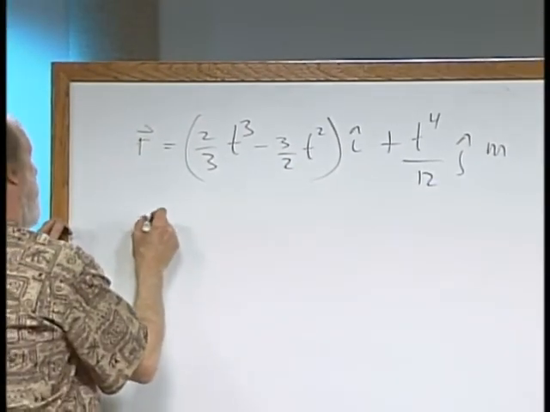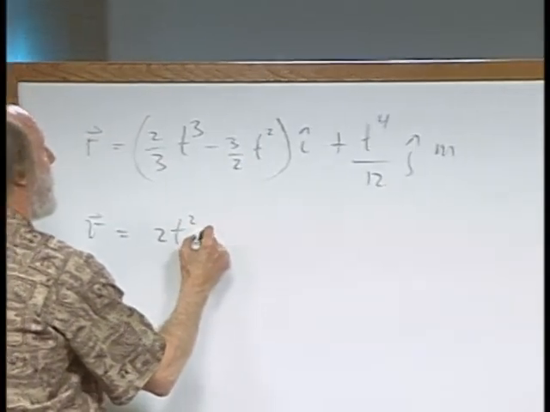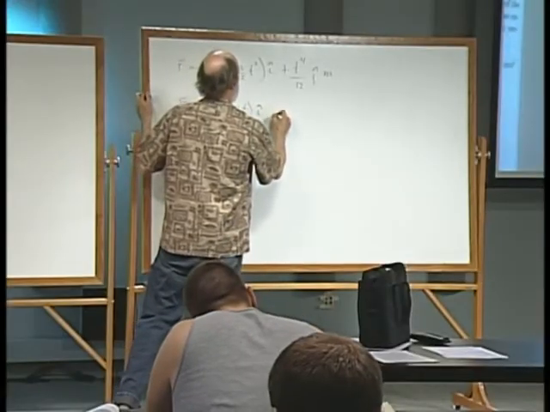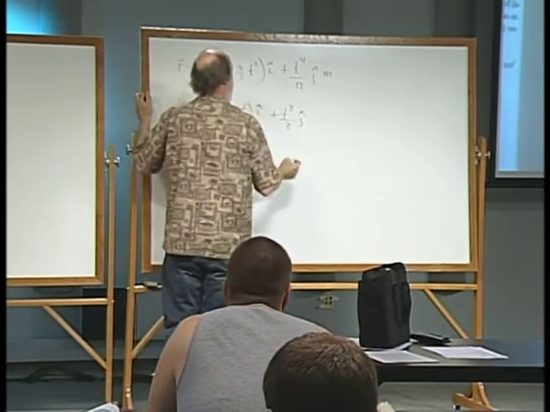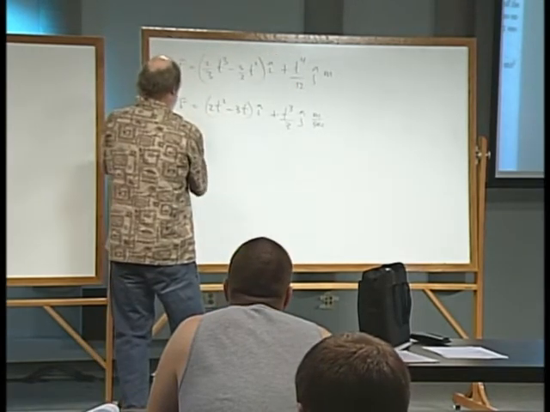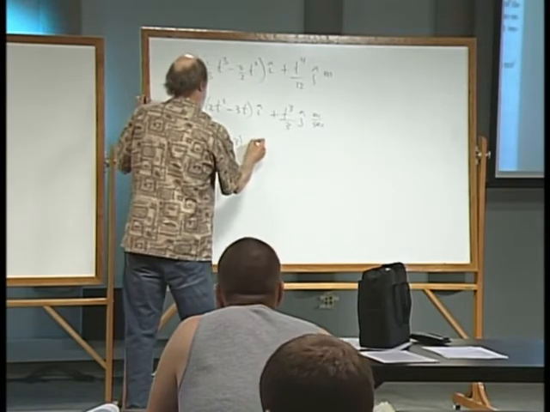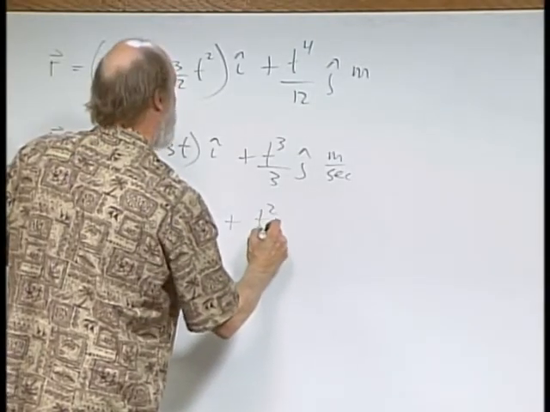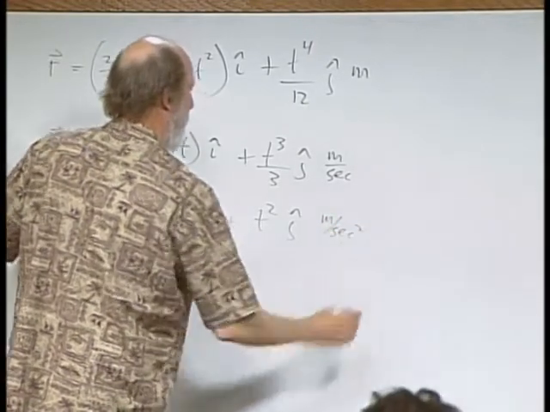So cranking the derivatives, we've got 2t squared minus 3t i on the velocity plus t cubed over 3 j hat, and this is going to be meters per second. Now we take the derivative on that and we end up with 4t minus 3 i plus t squared j meters per second squared.